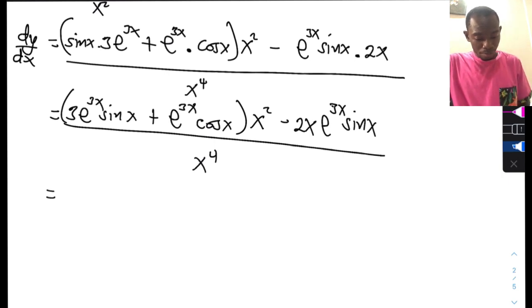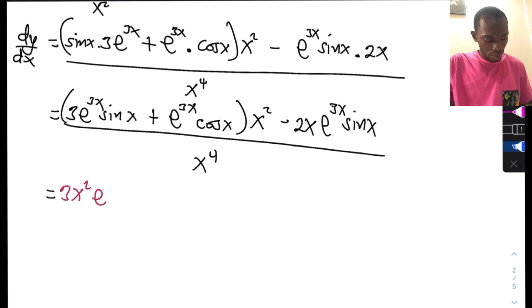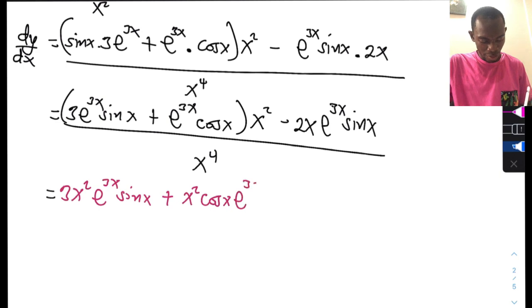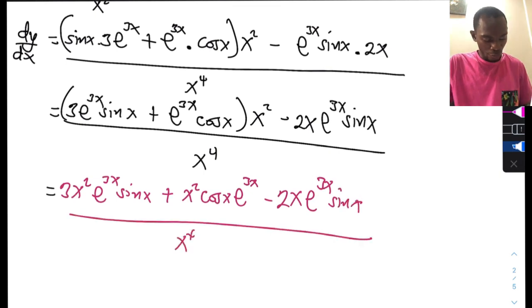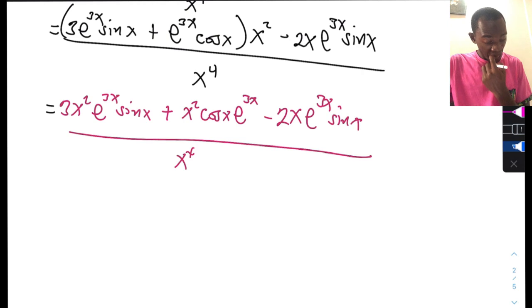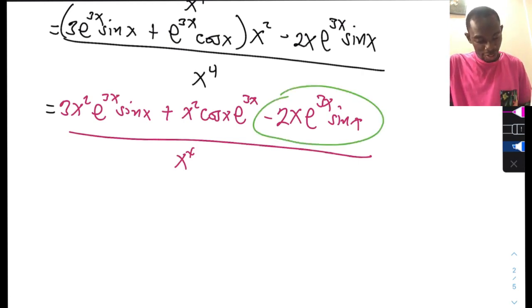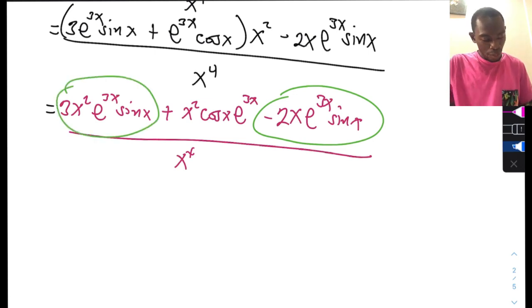Right, so I'm going to have 3x squared e to the power 3x sine x plus x squared cos x e to the power 3x minus 2x e to the power 3x sine x, all over x to the fourth power. Okay, now if I take this friend and that friend, they have sine, so I can just factor out sine.